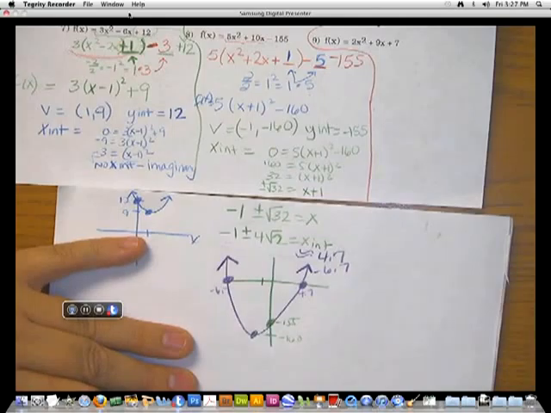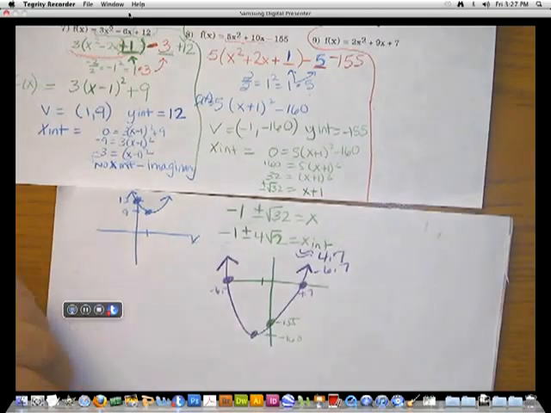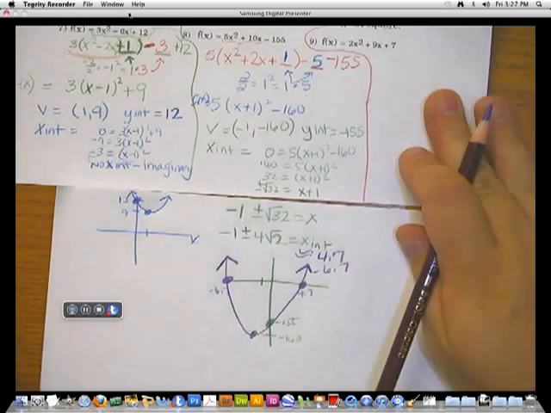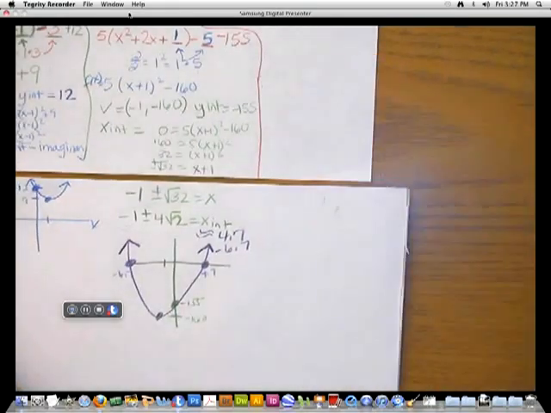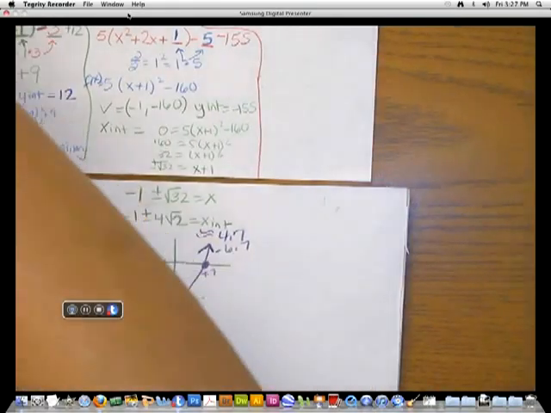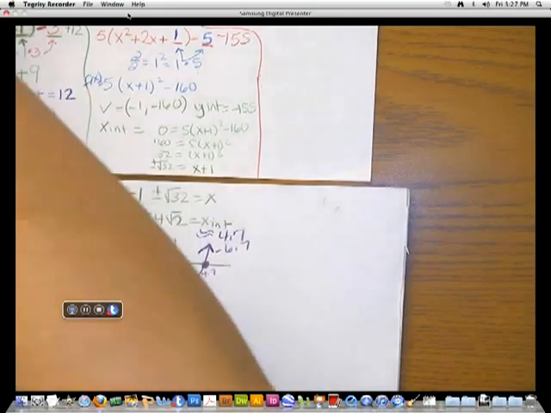Again, these are sketches. They're not exact, but they do show that you know how to put your pieces of information together. All right. Now this last one, go ahead if you want to pause, try it.